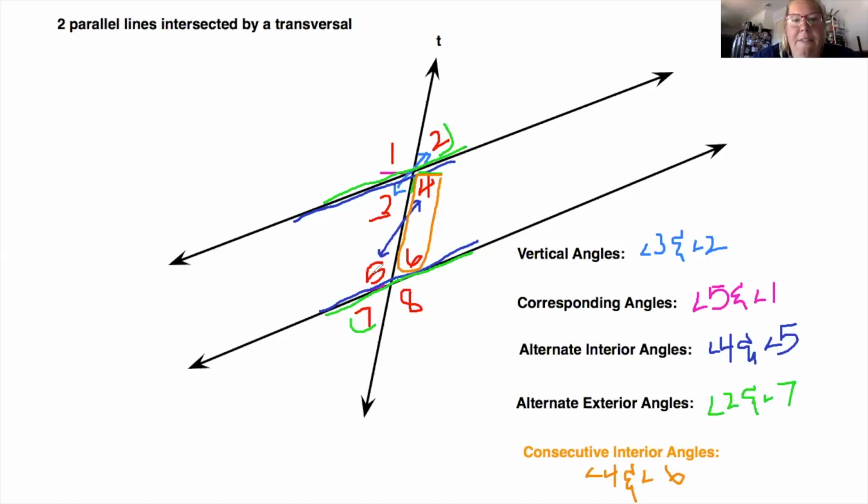Similarly, 3 and 5 are on the same other side, but they're on the same side of the transversal, and they are consecutive interior angles.